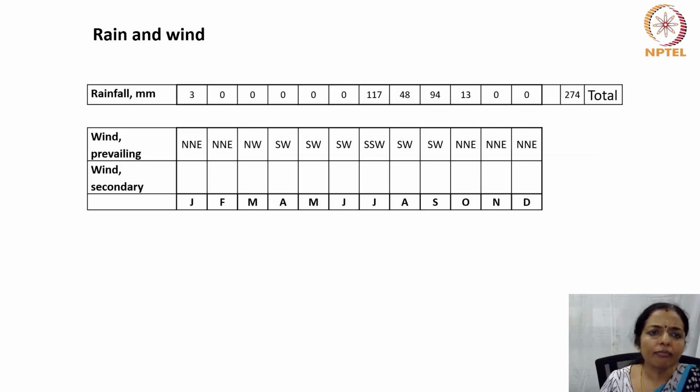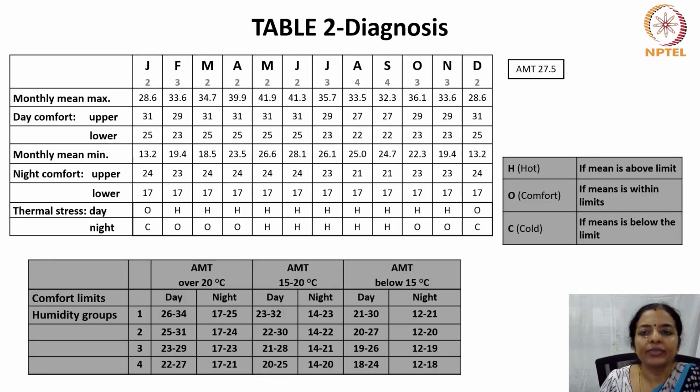I've entered the rainfall and the wind direction and done the diagnosis. So when I do the diagnosis, I find that it is comfort and cold for January. It is hot and comfort for February and so on. So that is because of the combination of AMT and the humidity group. So an AMT of 27.5 with humidity group of 2.